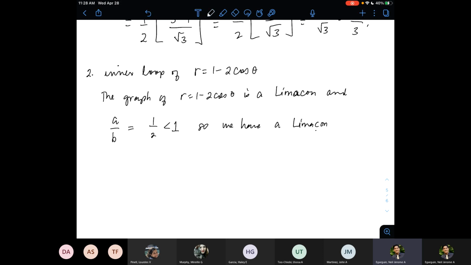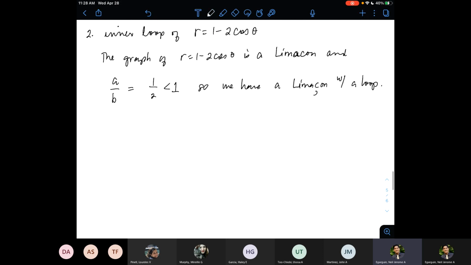So in sketching graphs of limaçons, it would be great if you have an idea of how the limaçon should look like. So here I identified that I have a limaçon with a loop by looking at the ratio of a over b. So why is it important? Because we cannot afford to compute lots of r values for lots of theta values just to get the shape of the graph.